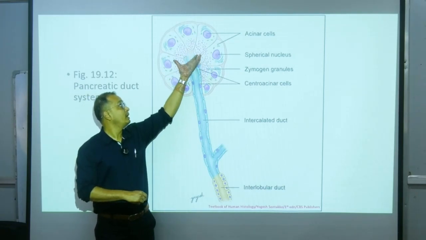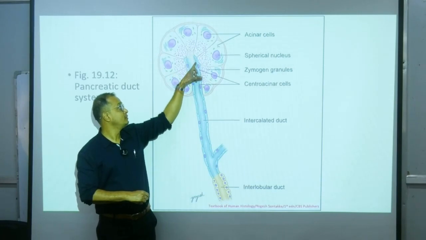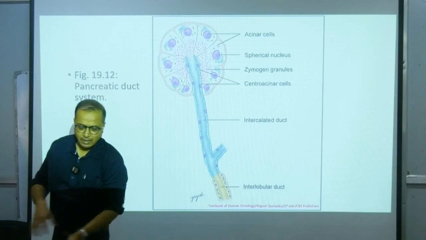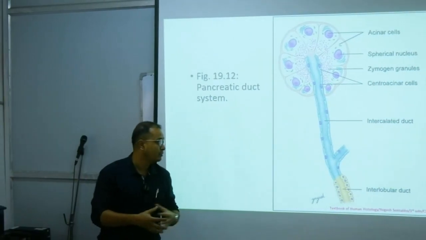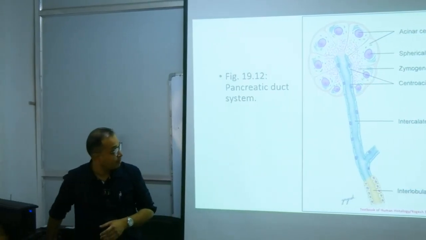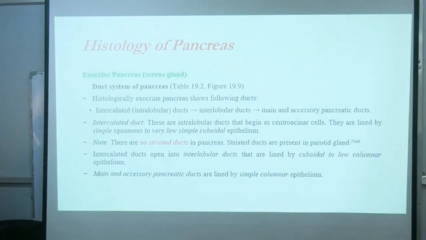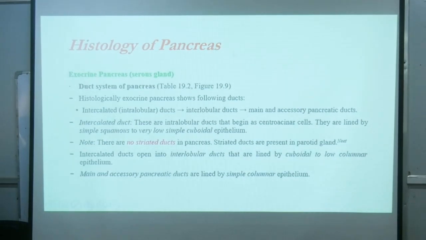Once the secretions burst into the duct system, they are carried through the channel system to the main duct, accessory duct, and to the ampulla of Vater, into the second part of the duodenum. So this is the exocrine unit of the pancreatic system.